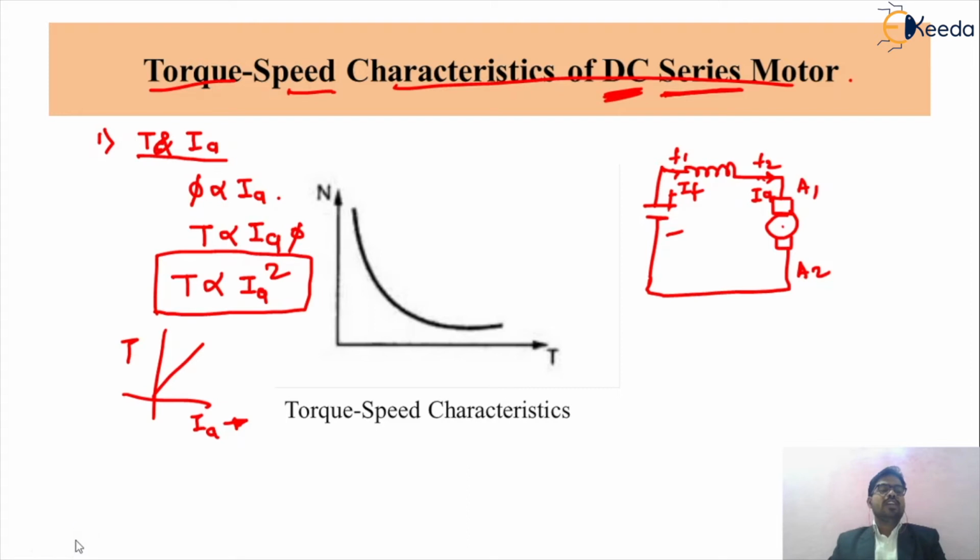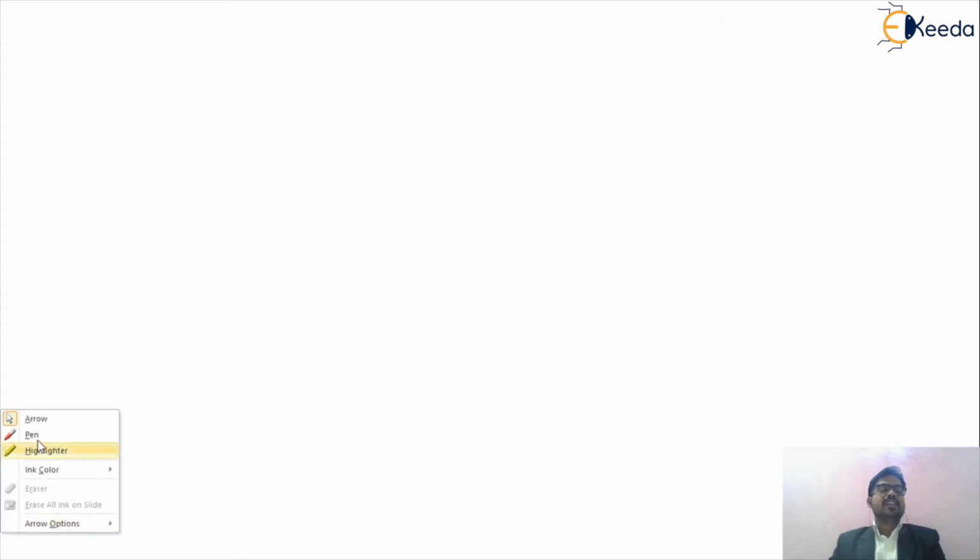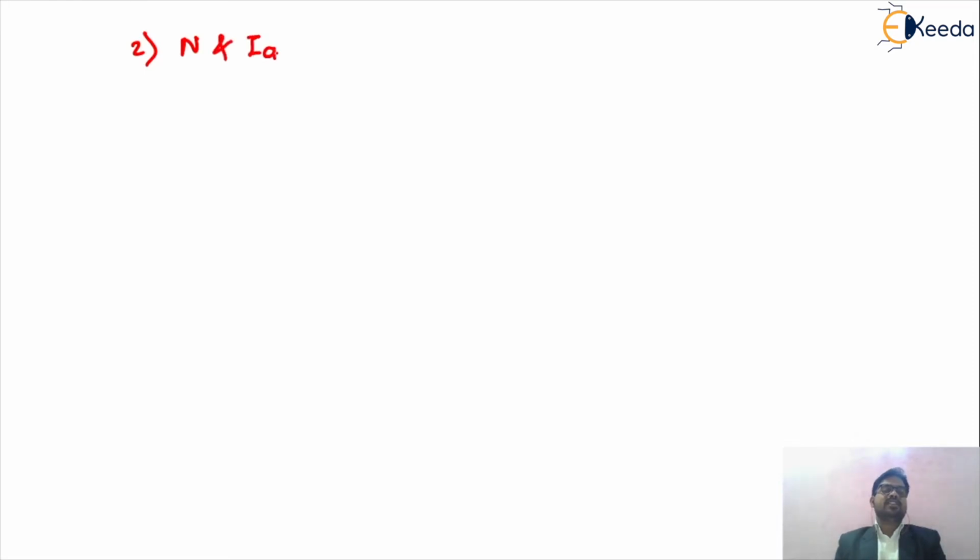What is the second characteristic? It is the speed and armature current characteristic. For this, we need the basic concept that speed is directly proportional to back EMF divided by phi. This comes from the simple working principle.